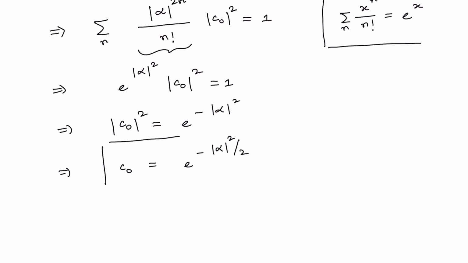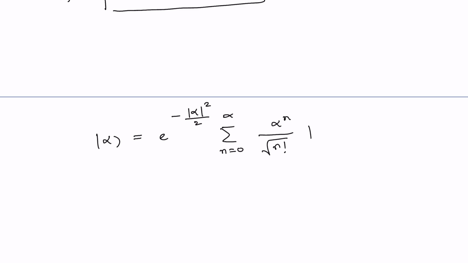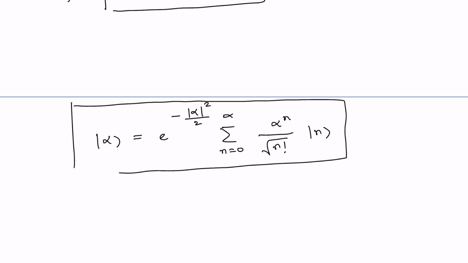So you see, that's how you can find out what is C0, and therefore I have my coherent state. The expression for the coherent state is e to the power minus mod alpha square by 2, summation n equal to 0 to infinity, alpha to the power n divided by square root of n factorial, ket n. So this is the expression for the coherent state.